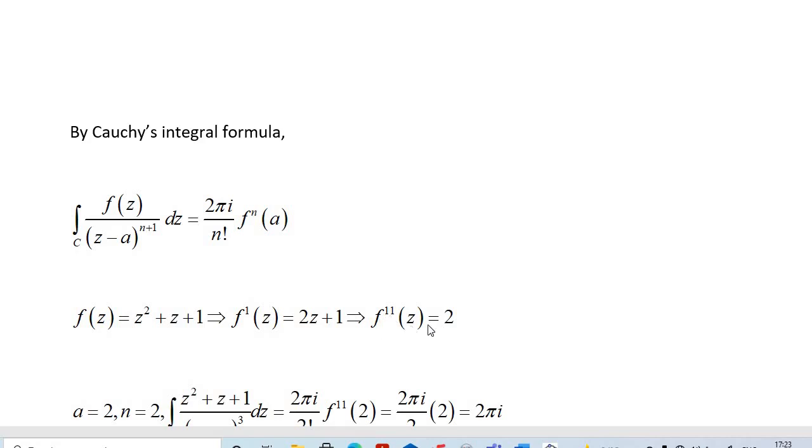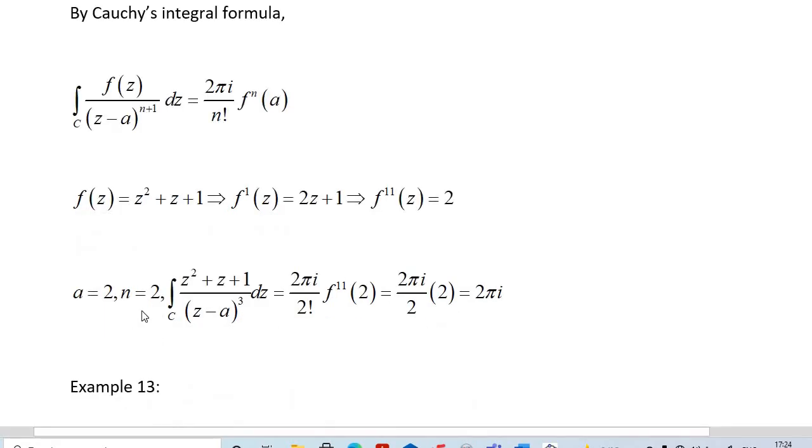Here f double dash of z is 2, which means f double dash of 2 is also 2, because here there are no z terms. That's why f double dash of 2 is 2, f double dash of 3 also 2, f double dash of 4 also 2 only. But here we need only f double dash of 2.